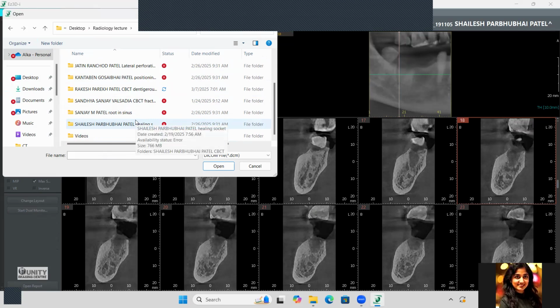When it is nicely separated, then we can see it in CBCT, but in that case, it is also visible in IOPA. So many times it doesn't require a CBCT.